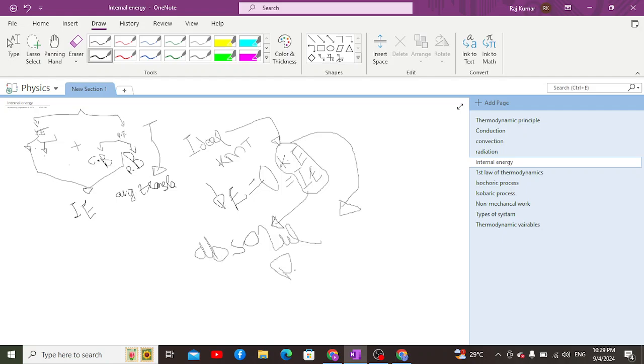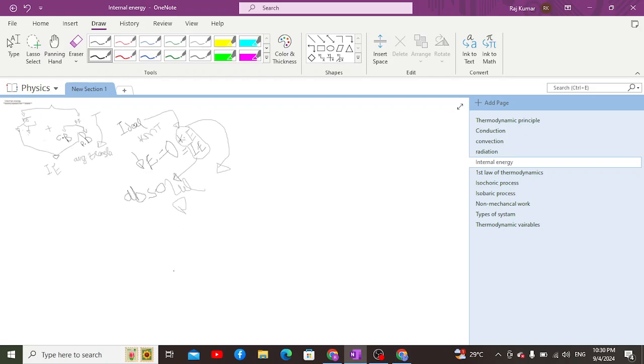At that moment, the internal energy of the system is completely dependent on potential energy, due to which we can deduce that temperature is completely dependent on internal energy in ideal cases, and temperature is completely independent of internal energy at absolute zero. So these are the two major MCQs, right?